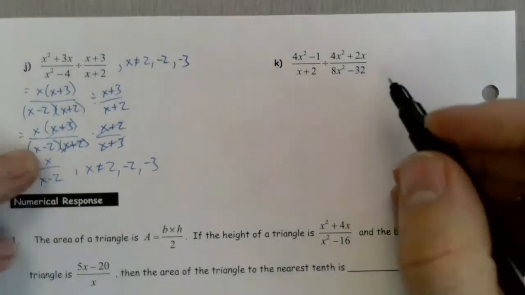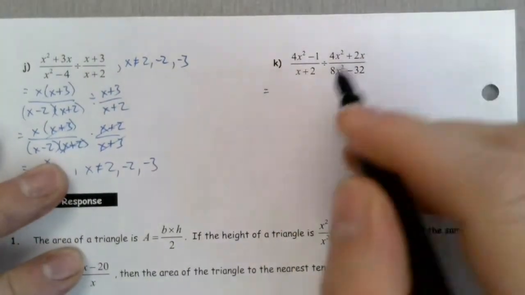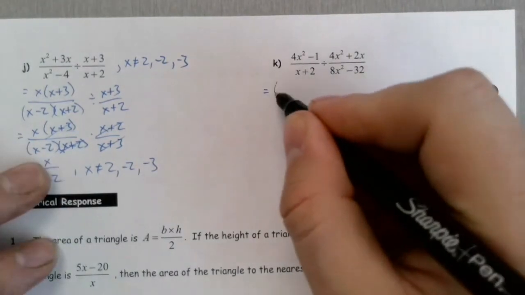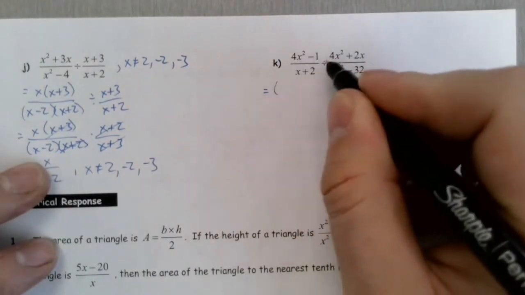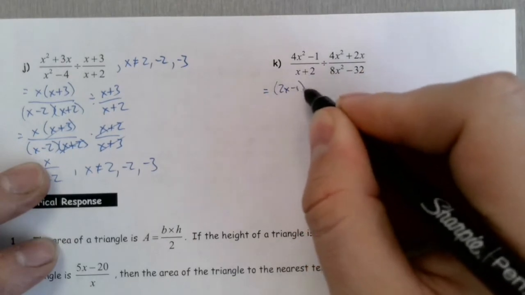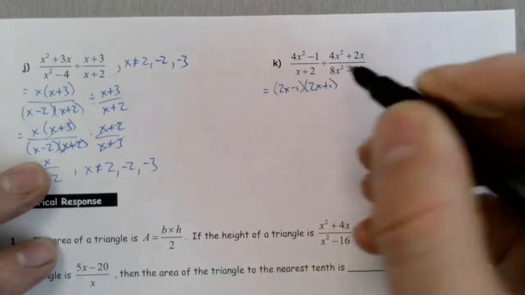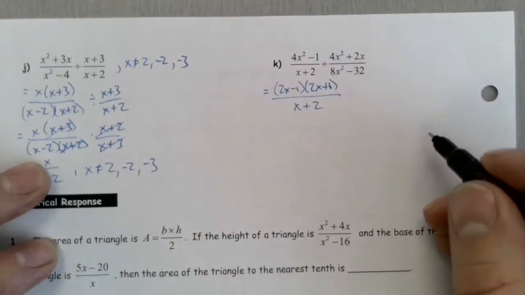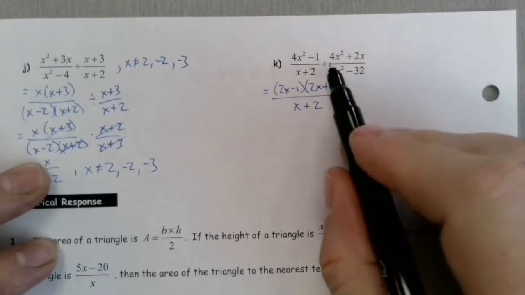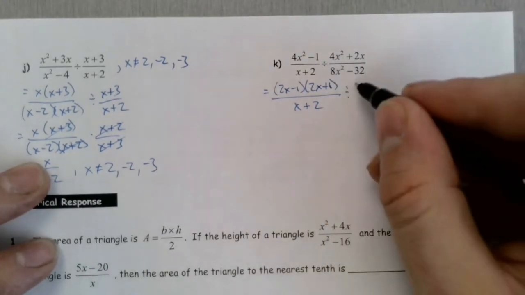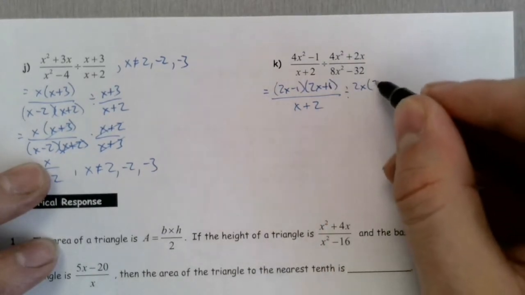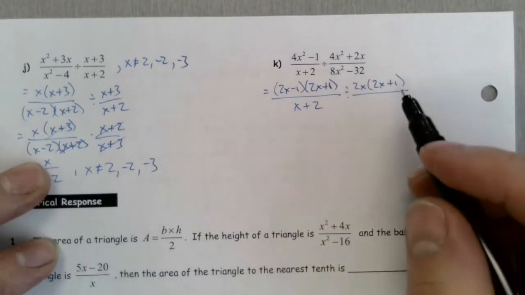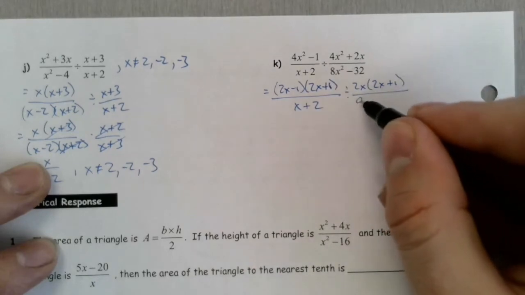All right, now this one here, and let's take a look at any factoring we can do here. Well, that up there is a difference of squares. 4x squared minus 1 is going to be 2x minus 1, 2x plus 1, all over x plus 2, that's as basic as that's going to get. Divided by, up here I've got a common 2x, so that'll give me 2x plus 1. And down here I've got a common 8.